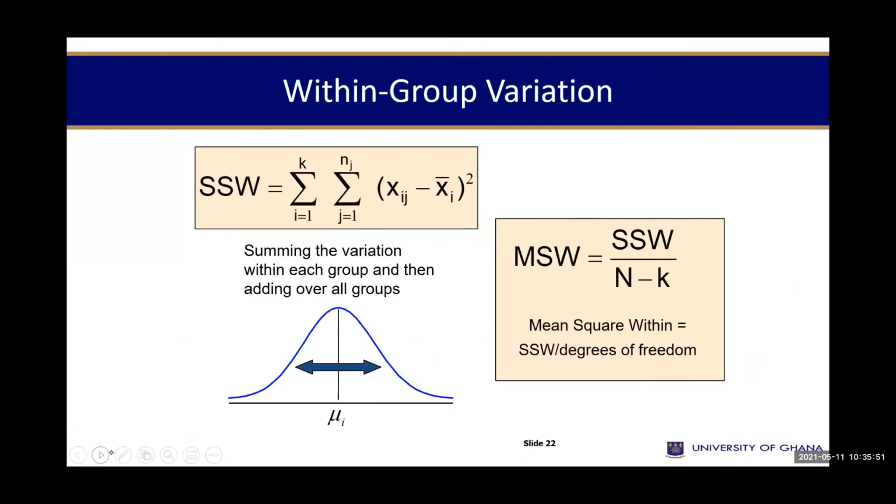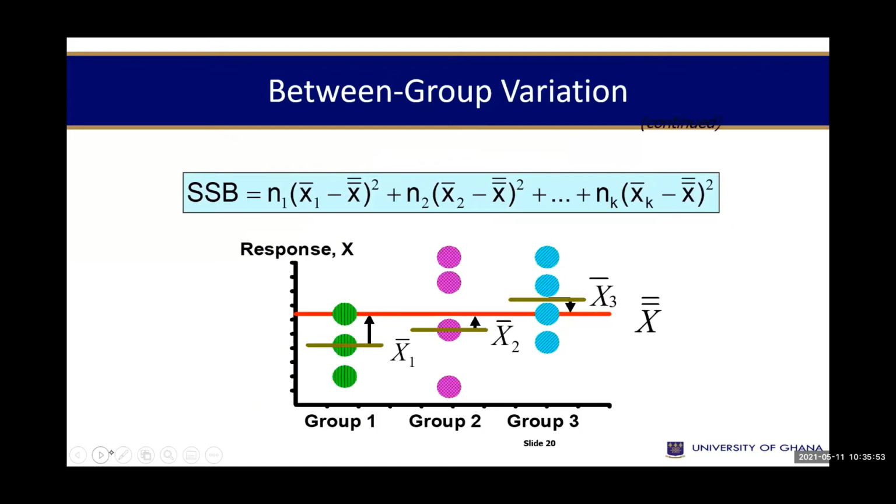I remember saying that for the sum of squares between groups, we are looking at the sample sizes for each of the groups with their respective sample mean.